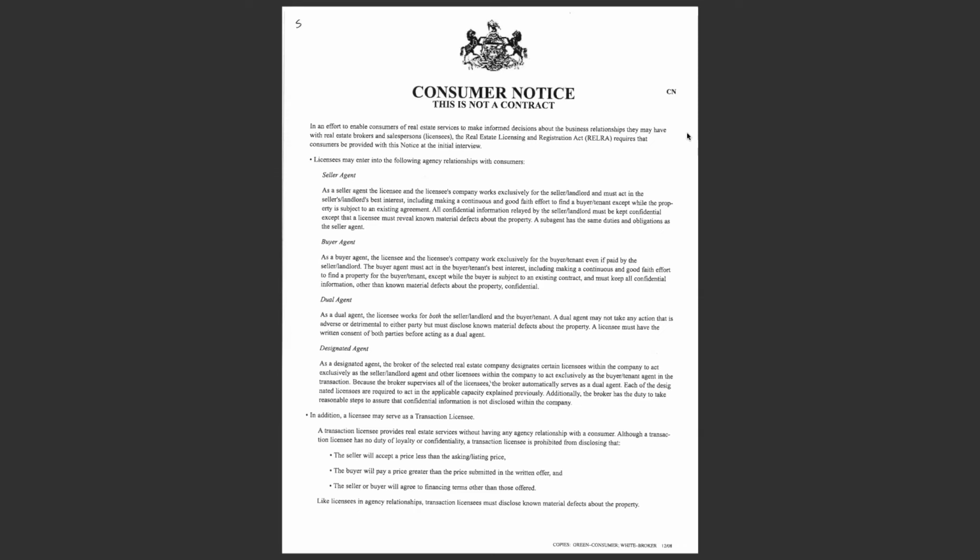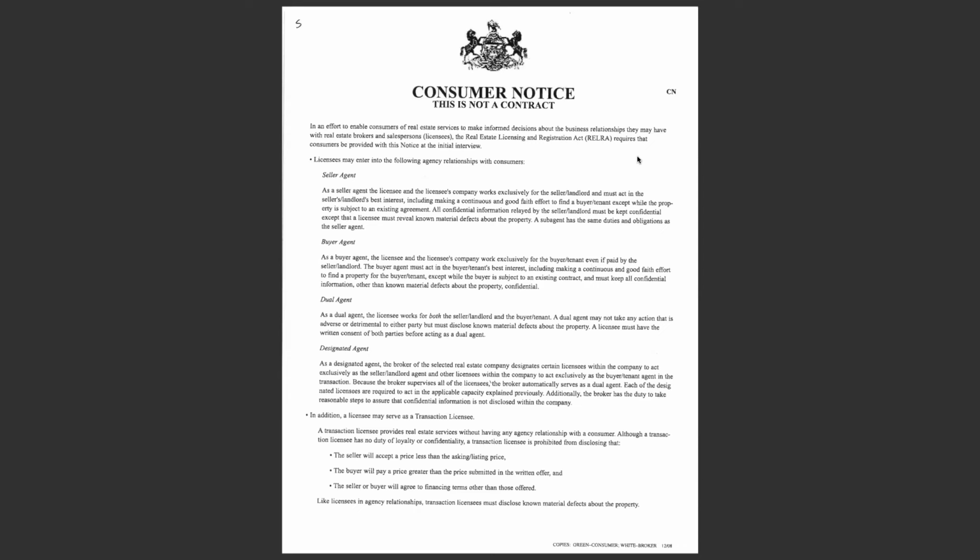In addition, a licensee may serve as a transactional licensee. Let me say this. Keller Williams Philadelphia does not practice transactional licensee. We do not do it. A transactional licensee provides real estate services without having an agency relationship with the customer.